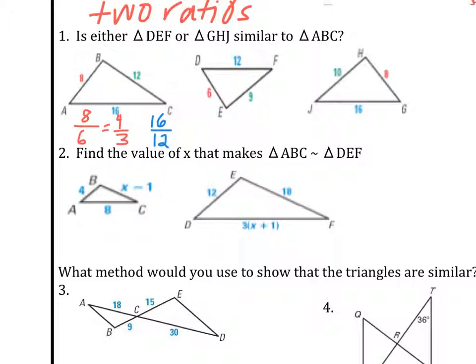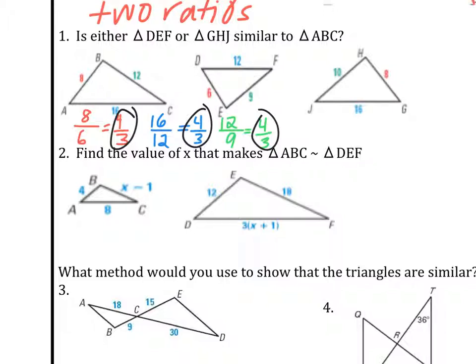Those divide by 4, 4/3. So the last one also has to do that. 12/9 divides by 3, 4/3. So 4/3 all the way.